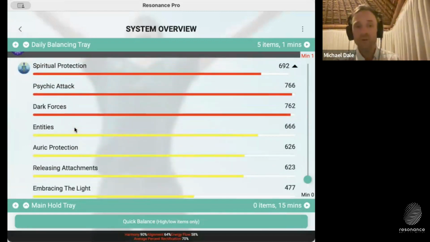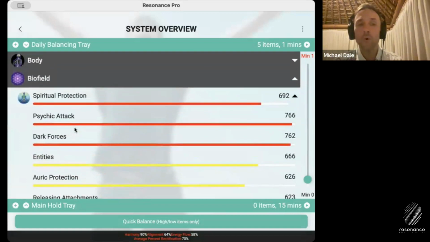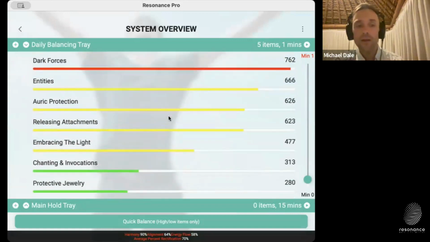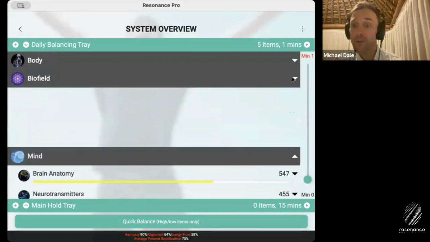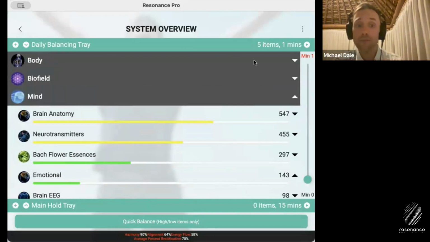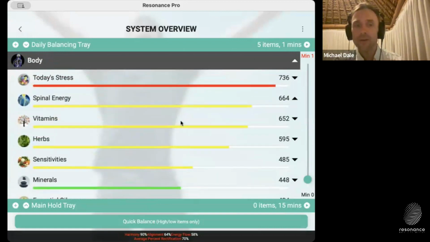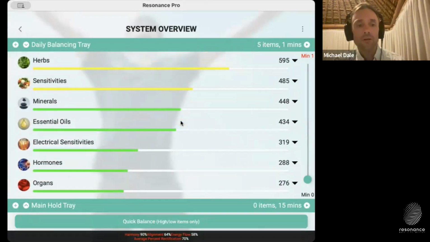And what I love about Resonance Pro is that both are really well catered for in this system, and it's a very inclusive system, and there's something for everyone in it.